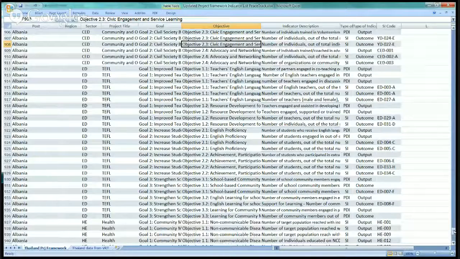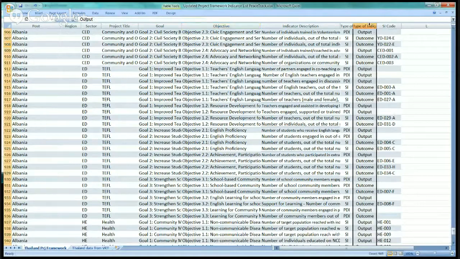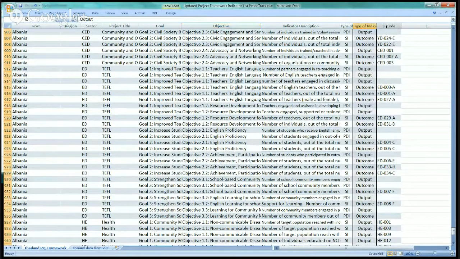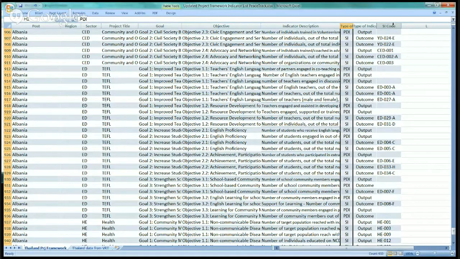So we've already talked about the right side, the outputs and outcomes. The SI code, that's just what, standard indicator, and PDI is what? The Post-defined indicator. So the ones we care about more are the SI, the standard sector indicators. These are the ones that HQ has defined and said this is what we're measuring.